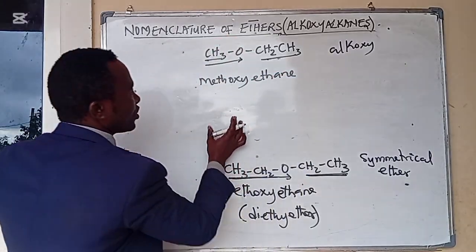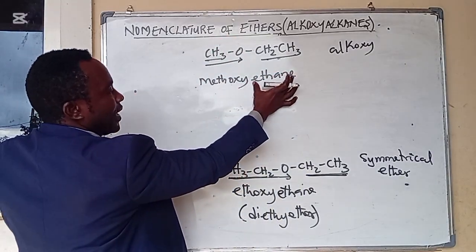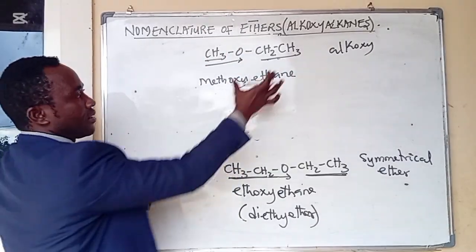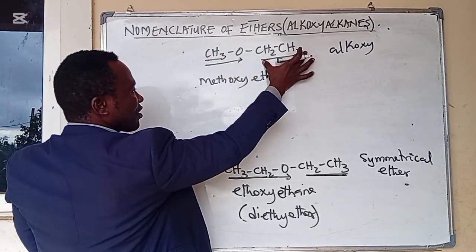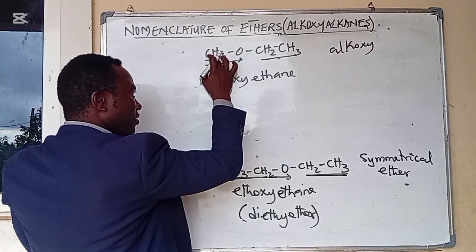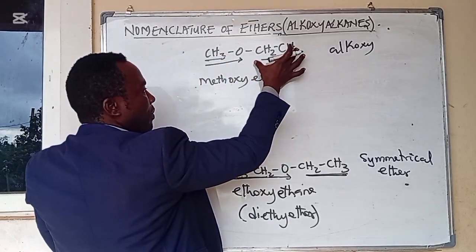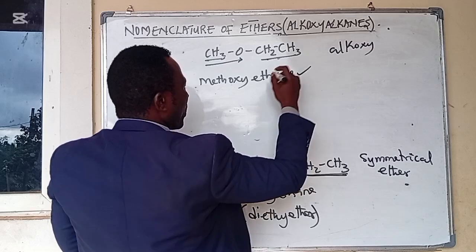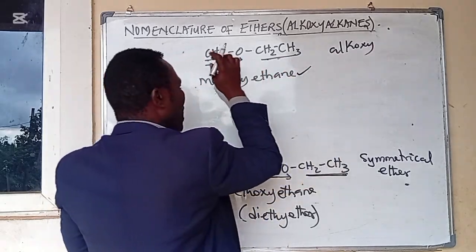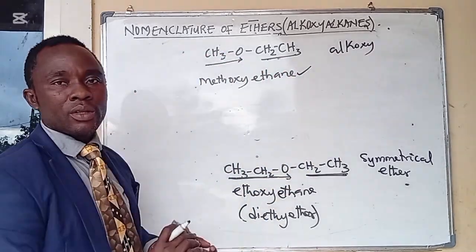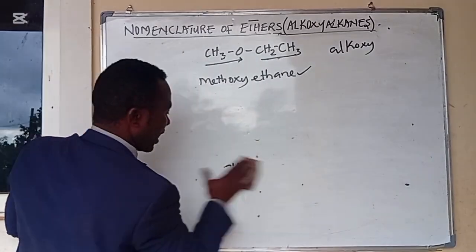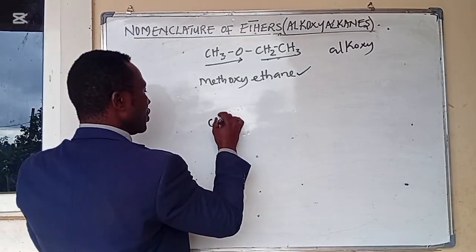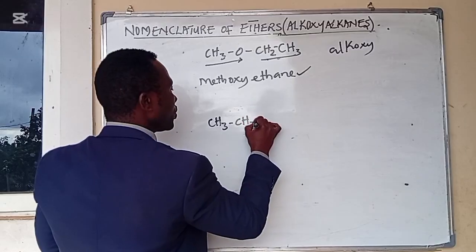So this compound is methoxy ethane. Don't name it ethoxy methane. No, not ethoxy methane, but methoxy ethane, because the alkoxy part must have the smaller carbon atoms.